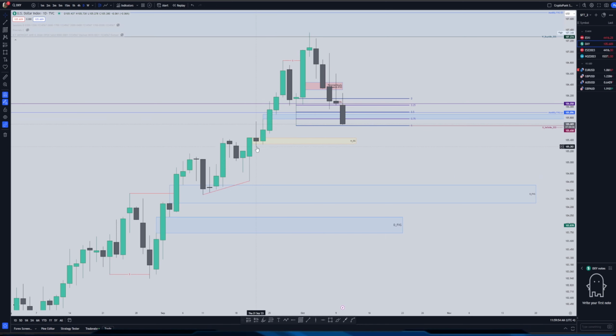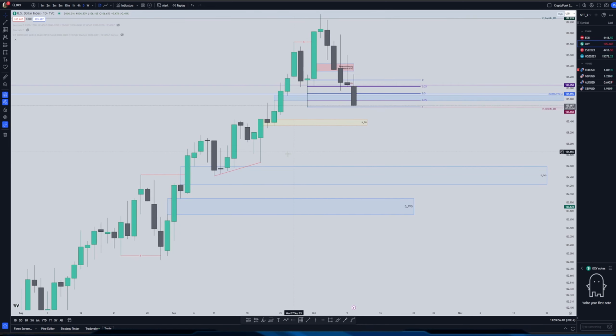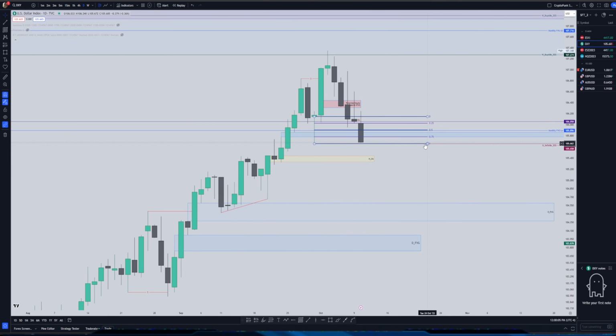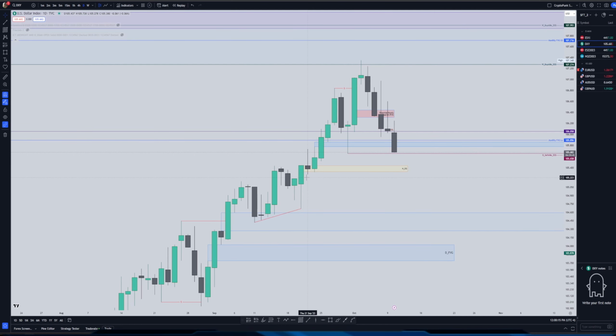There is a small little fair value right here, but since this has a higher liquidity, I'm hoping the market comes around this if it closes below that red line. If it closes below this, I will consider this as my market structure shift for the moment. It may stop after taking this liquidity and then start to go up high, I don't know.